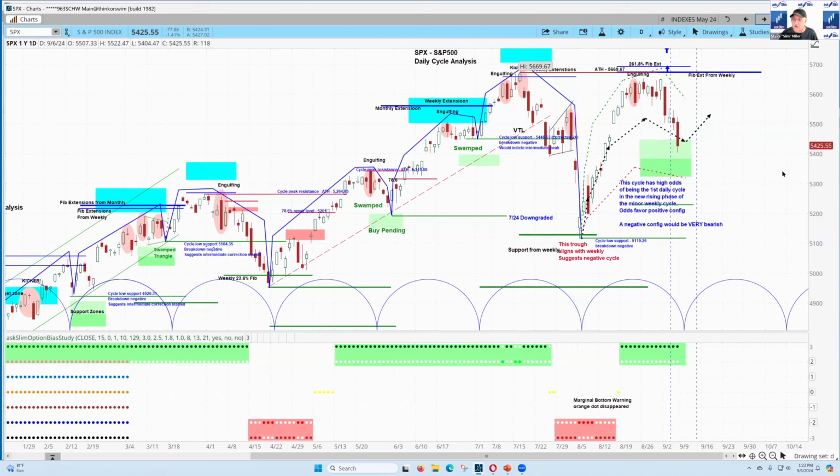Right now, we're going to look at the probability of a low being formed here in the next few days and an attempted rally coming out over here into the next 1 or 2 weeks on the upside. If the market continues to fail in these next few days and then breaks under here, under the 61.8 or even gets down here to the 78.6, this price level over here is 53.22.